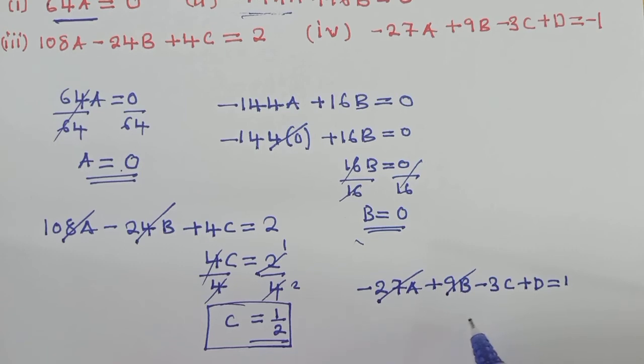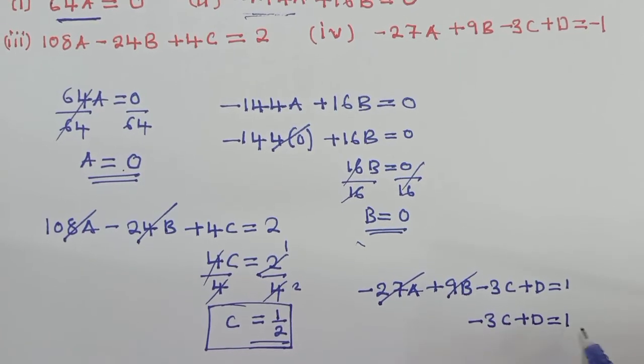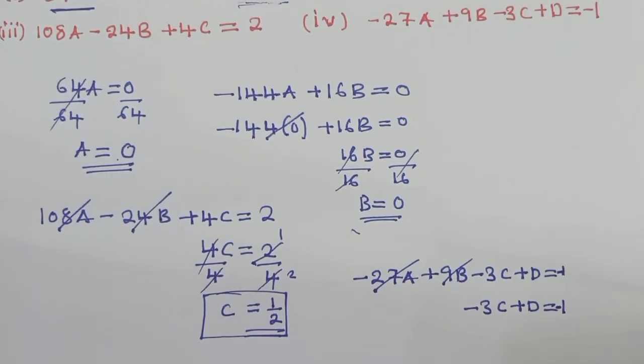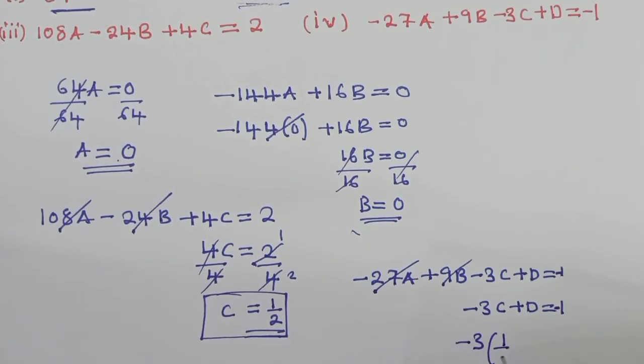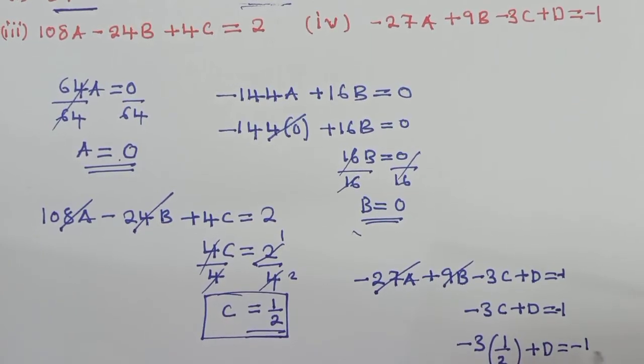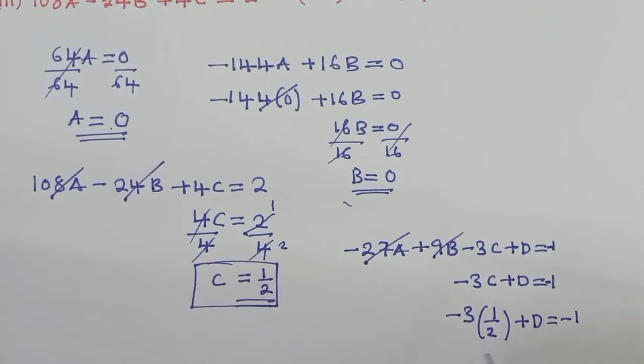So provided we know the value of c, which is 1 over 2, we put 1 over 2 at c, plus d there is equal to negative 1. We solve.